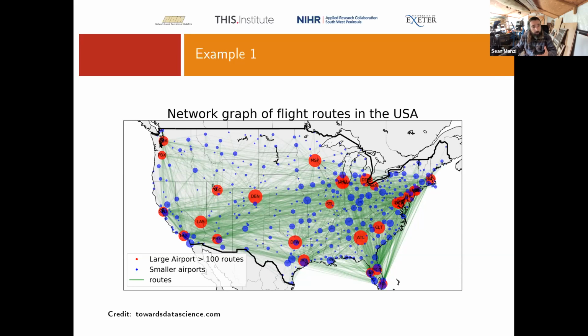And the size of the node here is determined by those numbers of flights. And so we can see what are the busiest airports, what are the biggest ones. Here, you've got Atlanta and Denver being major transportation hubs, and you can see that in the data.